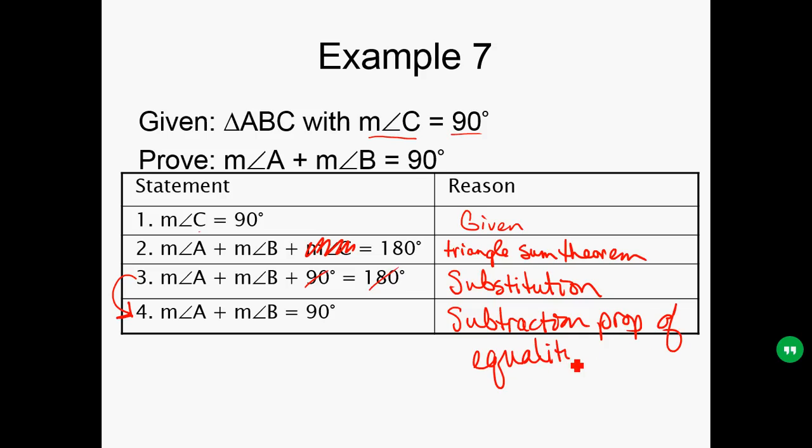We were asked to prove that those two angles add up to 90, and that's what we got to in step 4. Since we walked through and stated specific definitions as to why each step happens, we can now stop at step 4, because we just proved that the measurement of angle A plus the measurement of angle B would equal 90 degrees.